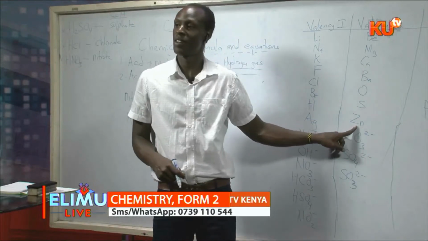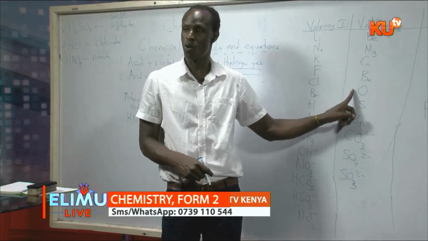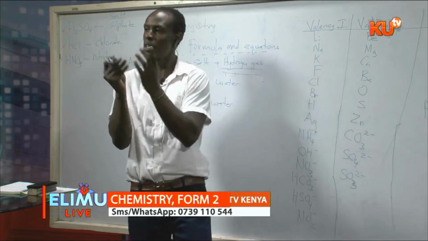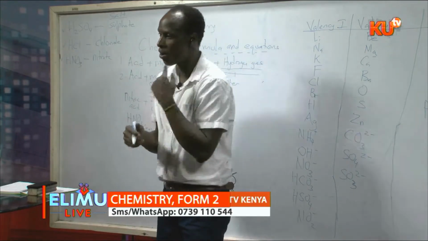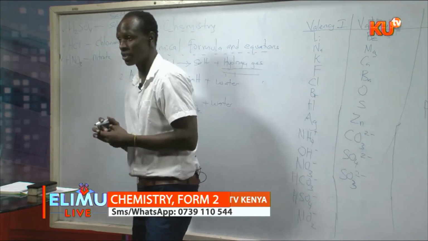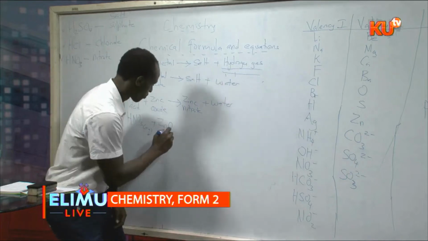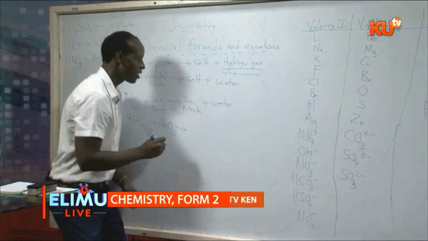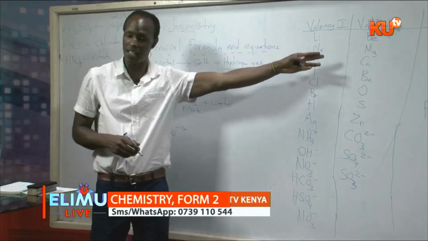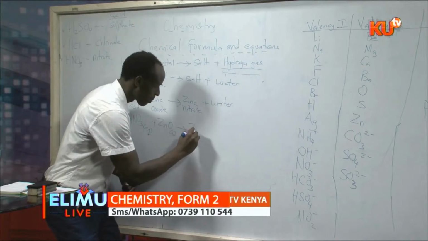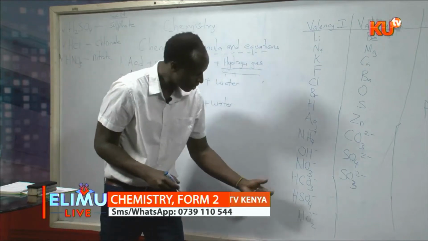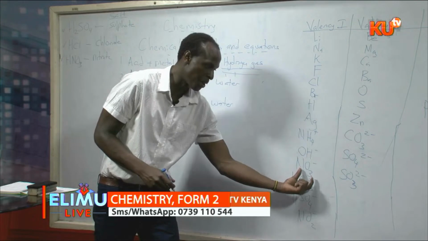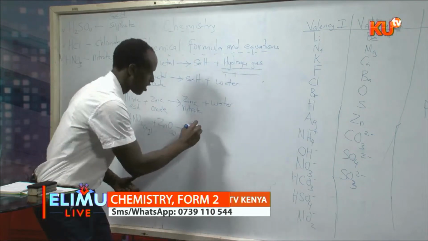Zn, valency 2. Oxygen, O, valency 2. 2, 2, they simplify. So only one zinc and one oxygen. That's how the formula of zinc oxide became ZnO, solid. I want zinc nitrate. Still, I love to use valencies. So zinc is Zn. Nitrate is here, NO3.